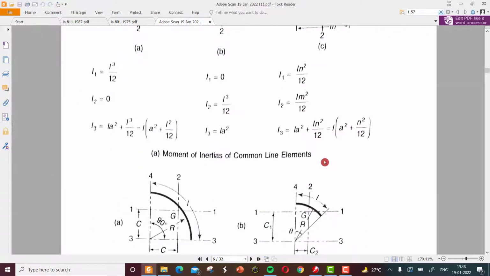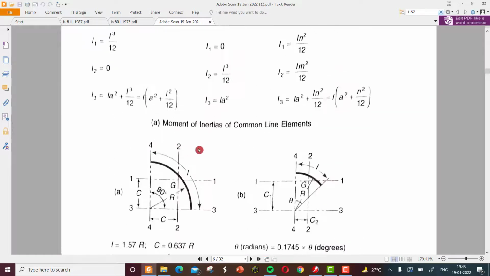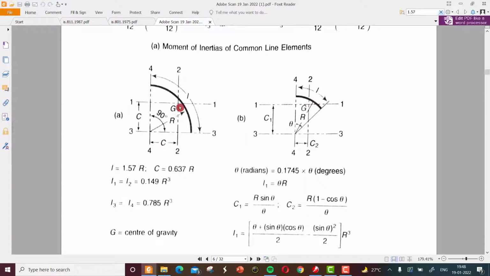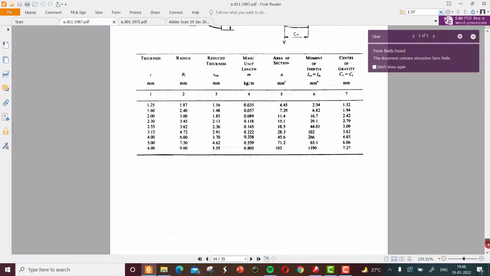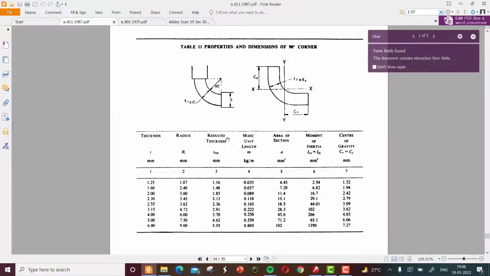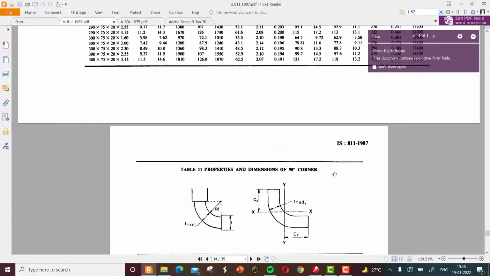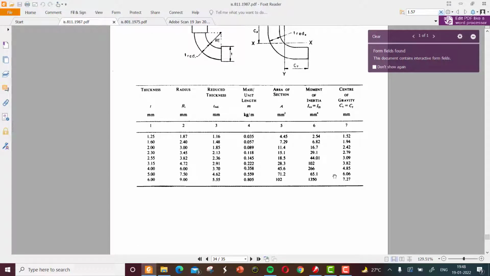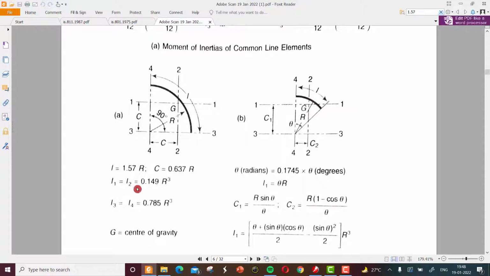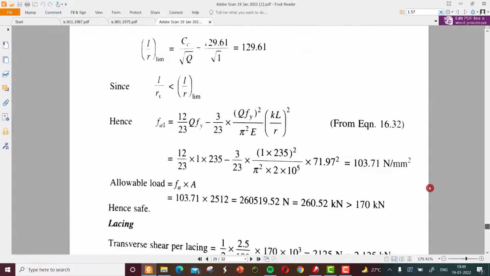These are actually the properties of the 90-degree corner section: c is 0.637 r, length is 1.57 r. You have to learn these values. Then I1, I2 is 0.149 r cube, and I3, I4 is 0.75 r cube, which are the properties of this 90 degree section. Back to the problem.